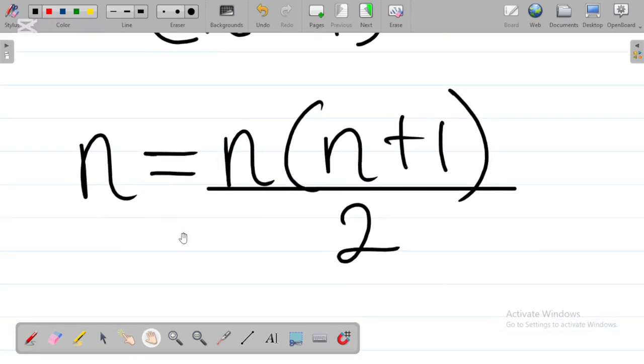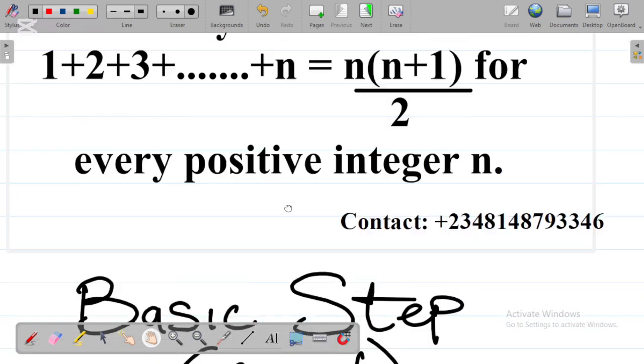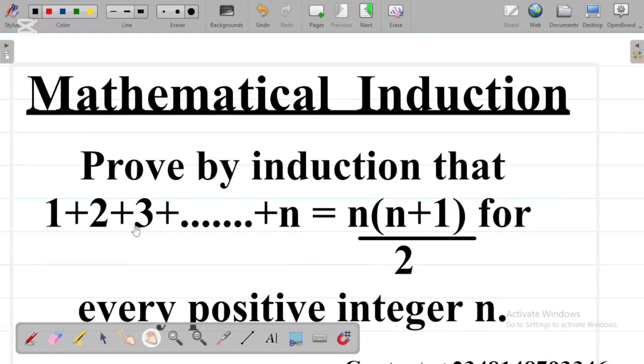Now this is the equation given. Whenever you are given a question, simply neglect this 1 plus 2 plus 3 plus ... So you would only consider n equal to n open bracket n plus 1 all divided by 2.